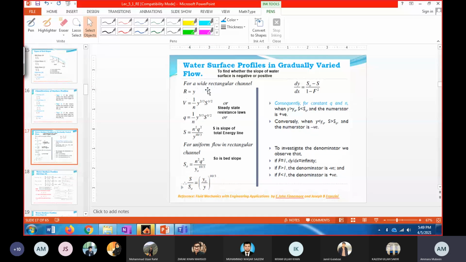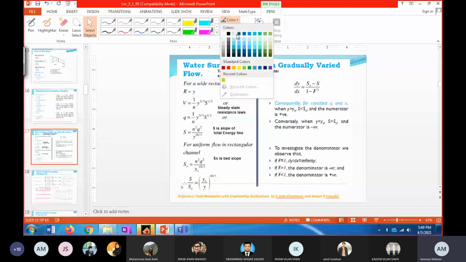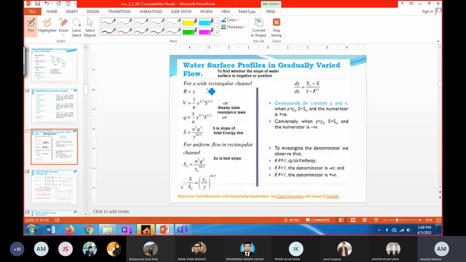In case of a wide rectangular channel, the hydraulic radius can be taken equal to y, because if you remember the definition of hydraulic radius, it is area over perimeter. For a rectangular channel, area is b y and perimeter is b plus 2y.